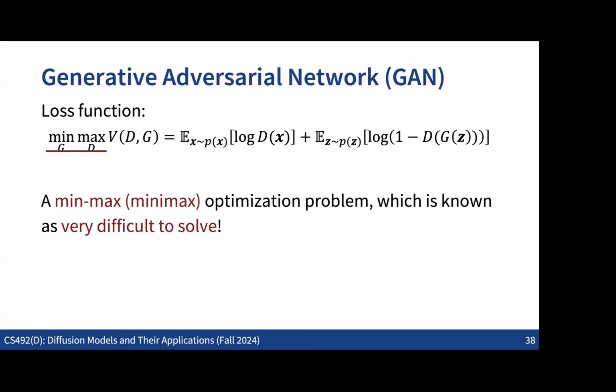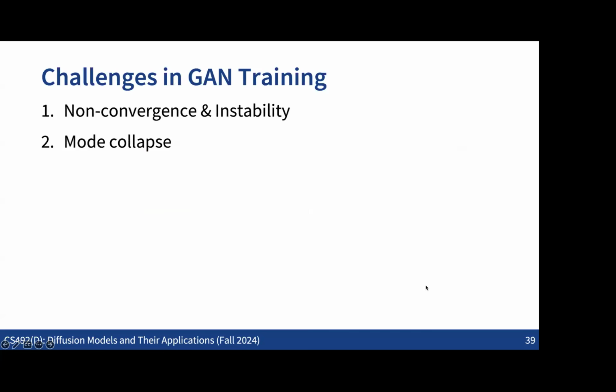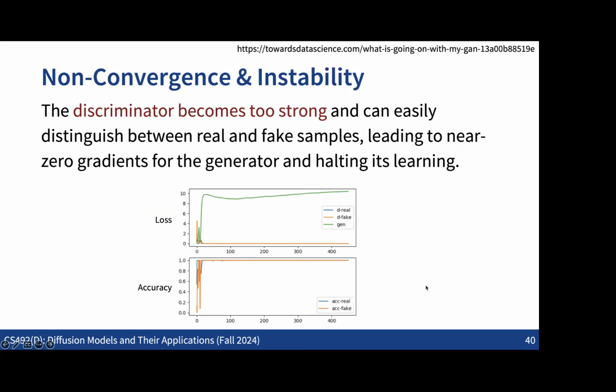A very typical failure case is that the two networks are not competing with each other, but the discriminator dominates everything. The discriminator becomes very strong at the very beginning, so it can very easily classify real and fake images. When the discriminator dominates the training process, the generator cannot be improved with the training.